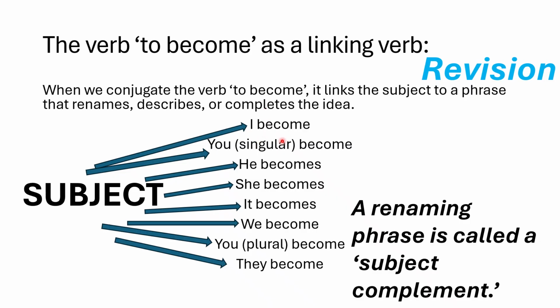I become, you become, he becomes, she becomes, it becomes, we become, you become, they become. I, you, he, she, it, we, you, and they are the subjects in a sentence.